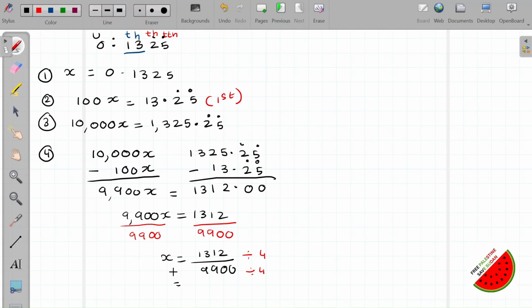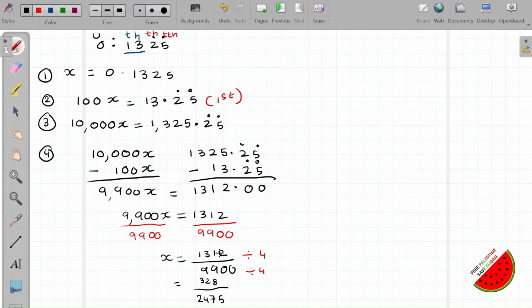So 1312 divided by 4 is 328 over 9900 divided by 4 is 2475. I don't think this can be divided any further.